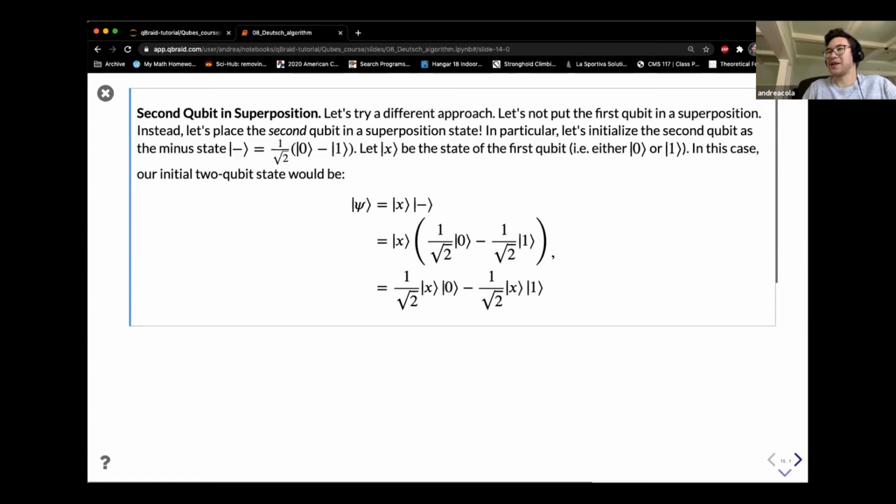So in this case, our initial state, call it psi, is x in the first qubit, either 0 or 1, and then a minus. You can compute this expression: you would get 1 over square root of 2 x0 minus 1 over square root of 2 x1 if you expand everything out.